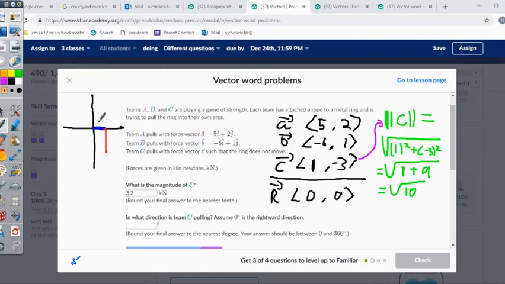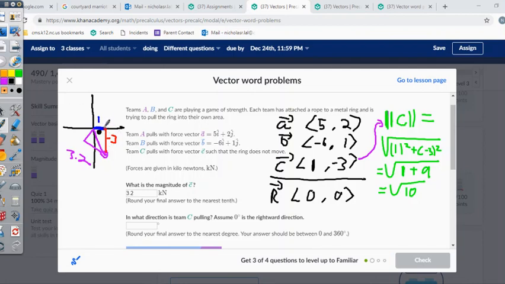Right, so this is 1, this is negative 3, and our vector here is going to look like that. So we've already found our magnitude, which is about 3.2. But our direction is this angle right here.